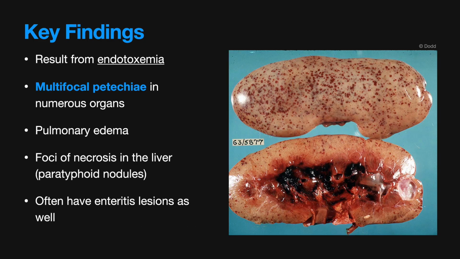Due to these changes, we can see several key findings of endotoxemia grossly. The major finding is multifocal petechiae affecting numerous organs. We can also see pulmonary edema and foci of necrosis in the liver, which are sometimes called paratyphoid nodules. Many septicemic animals will also develop enteritis lesions as well.